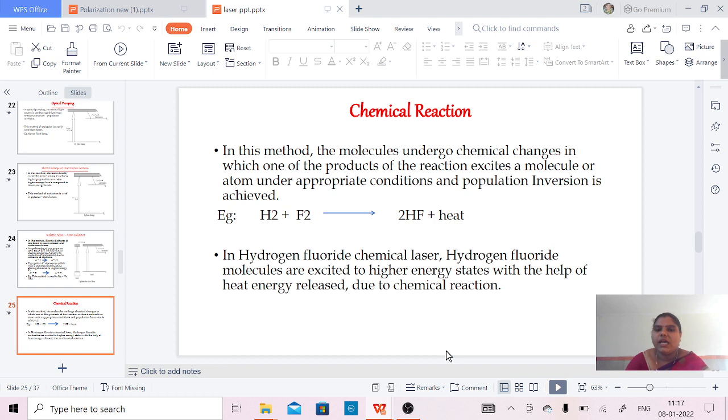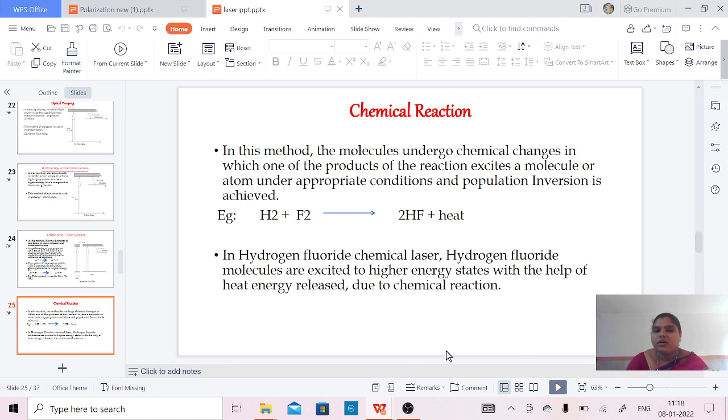And next, chemical reaction. In this method, the molecules undergo chemical changes in which one of the products of the reaction excites a molecule or atom under appropriate conditions, and population inversion is achieved.